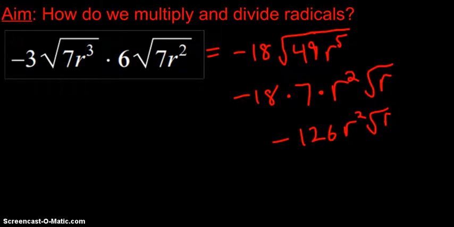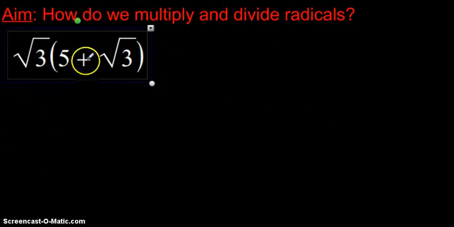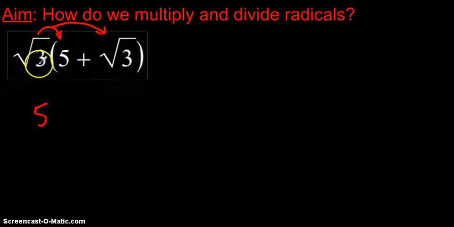Let's look at a few more examples. In this case, we actually have the distributive property occurring. The same thing happens. So we're actually going to be multiplying radical 3 by 5. So the coefficient here is 1, and the coefficient here is 5, so that's 5. The radical here is radical 3, and the lack of radical is actually the same thing as saying I have radical 1 here. So that's radical 3. Okay?